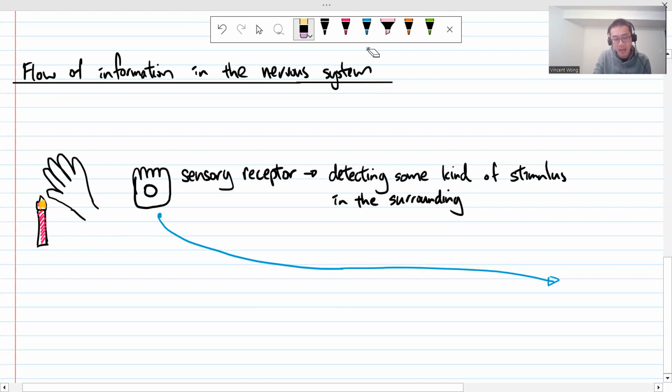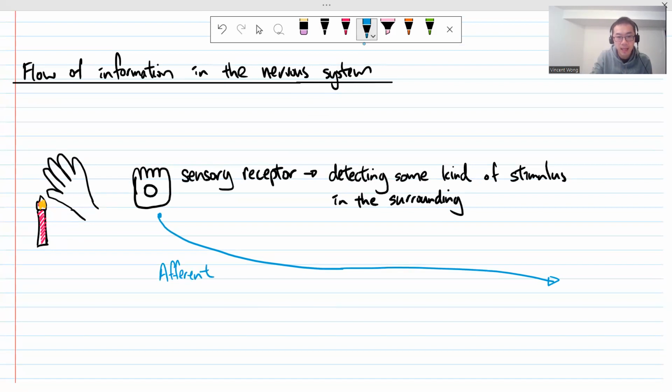Now, what is this path called? This is called the afferent pathway, and it is made up of sensory neurons.